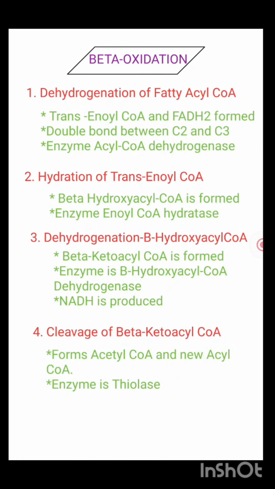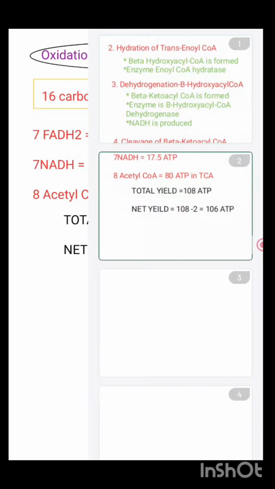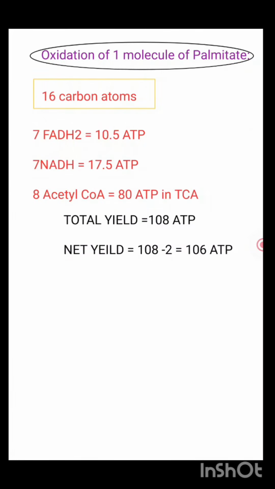Now, in terms of energy production, how much energy is produced in terms of ATP from palmitate, for instance? If we completely oxidize 1 molecule of palmitate, palmitate is a 16-carbon fatty acid. So it means that for you to completely oxidize this means chopping 2 carbons at a time.